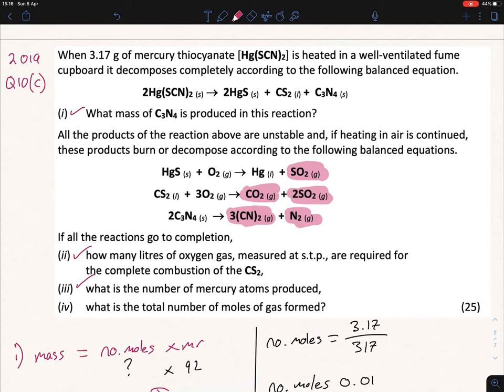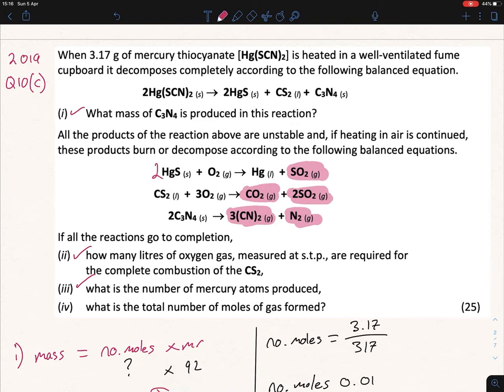So I'm actually going to do this equation up here. It might make things a little bit easier. So for the first one, for SO2, first off, we check our ratios. It's HgS, we're dealing with 1 here, and over here we're dealing with 2. So you have to bear that in mind, that there should actually be twice as many down here. So there should be a 2 down here, really, as we said before for the mercury.